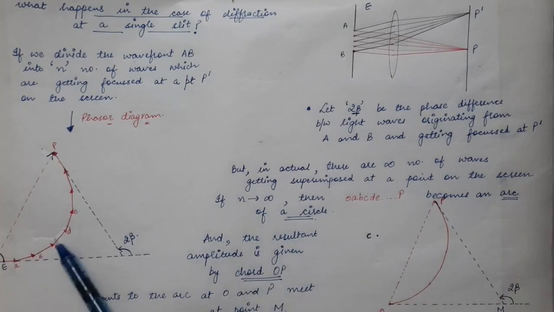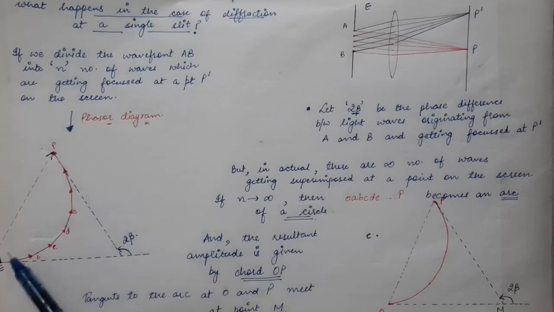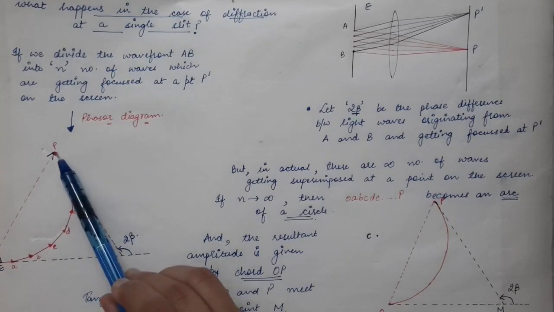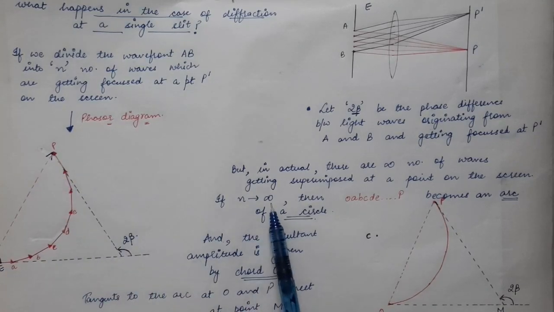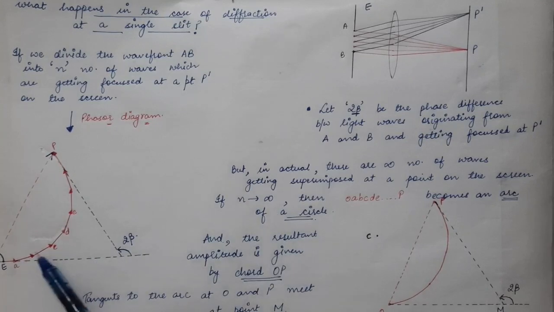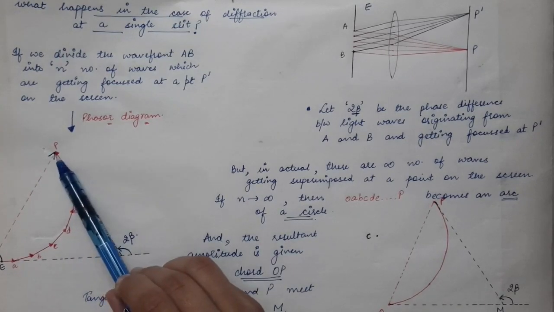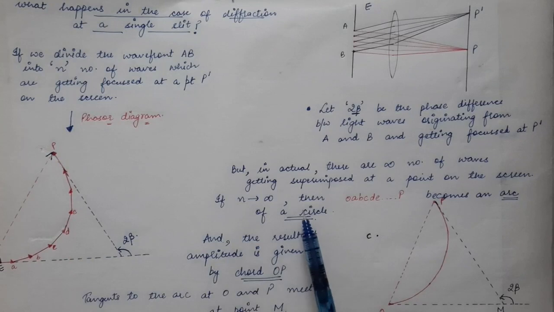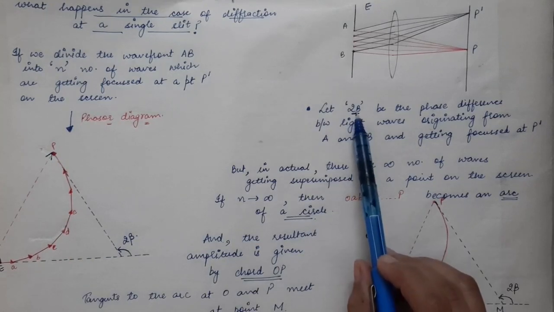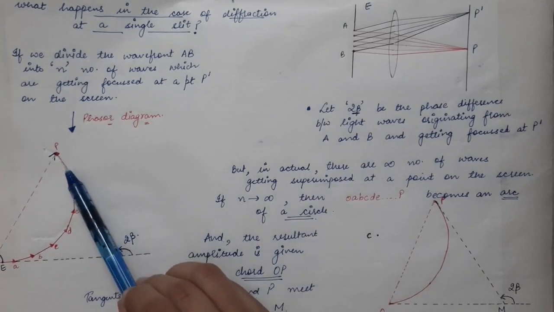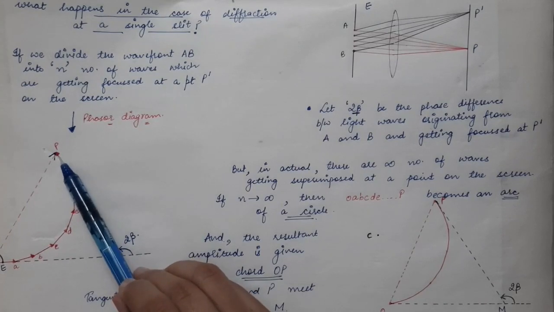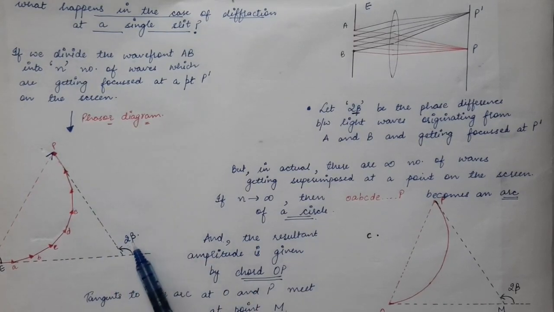Now the number of vectors we have assumed tends to infinity. If the number of vectors is infinite, the phase of the last vector remains the same, twice of beta.